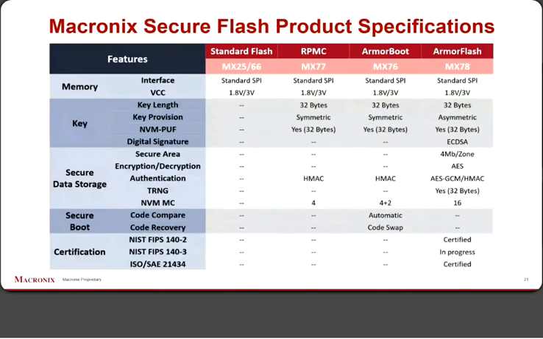And then you have an encrypted channel on the Armor Flash using the AES algorithm, and for authentication, we use the AES GCM or the HMAC authentication scheme. And then the Armor Flash, the MX78, has the true random number generator. The three secure flash devices have monotonic counters for replay protection and other security features.